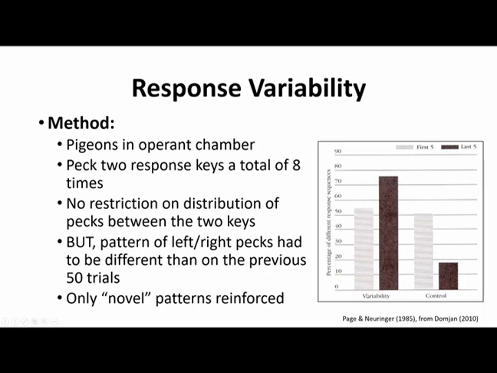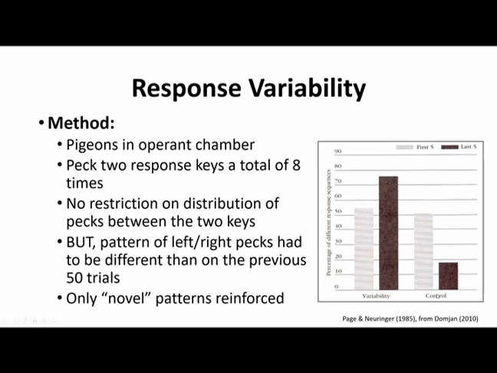But what we do see is that we have before and after snapshots for two different groups. Our variability group, the group that would be reinforced for novel patterns, and then we'd have our control group.